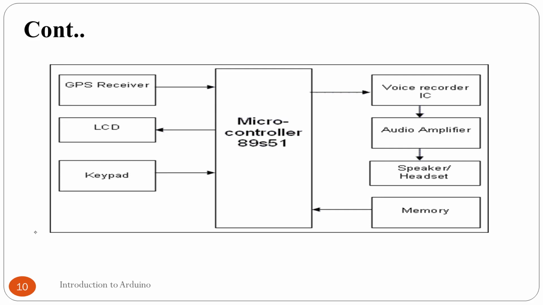We give input through push buttons, and based on that the microcontroller works, and the washing machine works. For example, washing or drying operations are performed. In that case we normally interface push buttons, a few sensors, and an actuator, which is the motor in rotating condition.